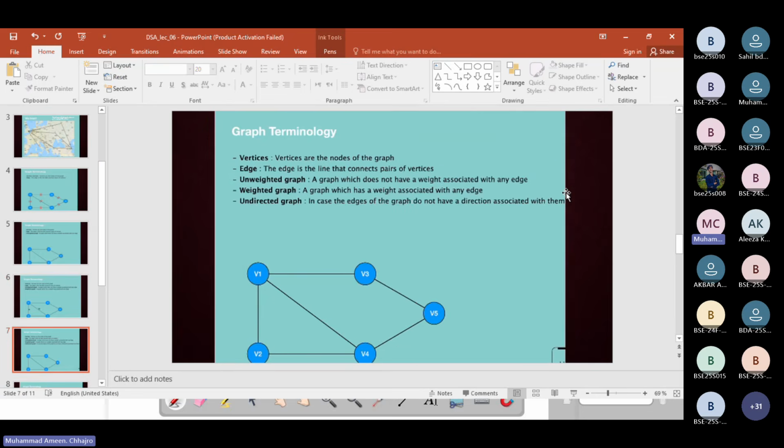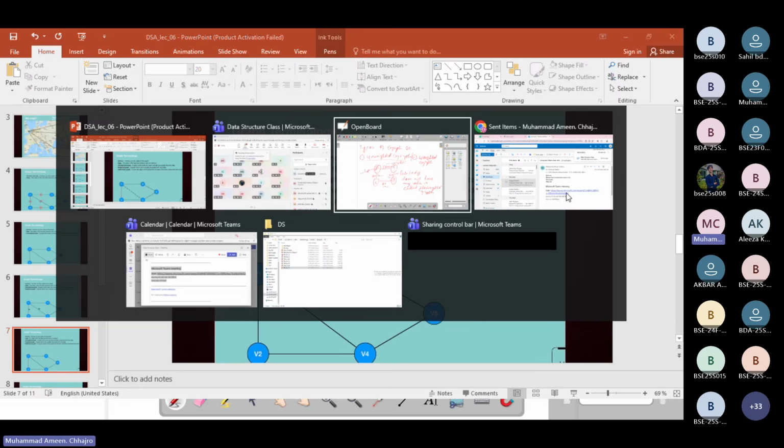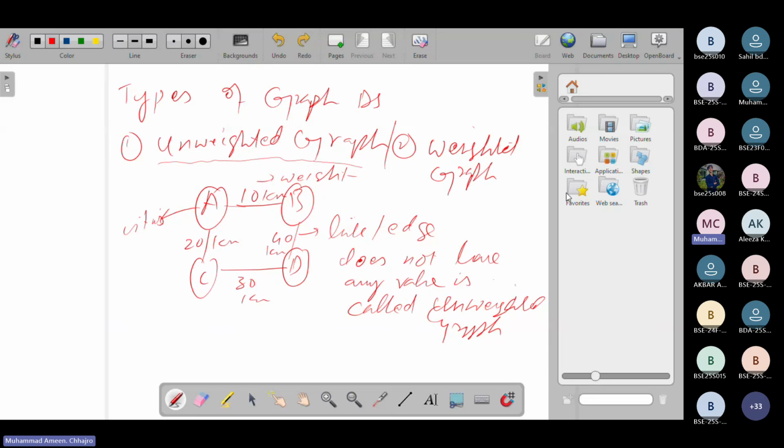So unweighted, weighted, and then undirected graph, in case the edges of the graph do not have a direction associated with them. Again, the concepts are very much relevant and related to each other, right?